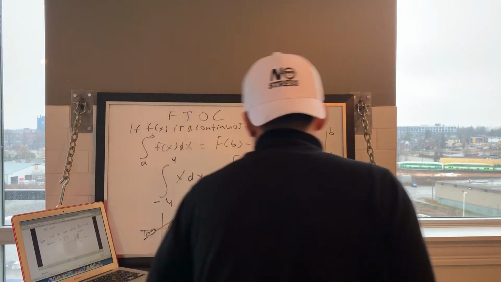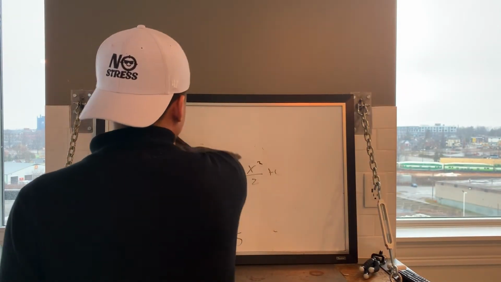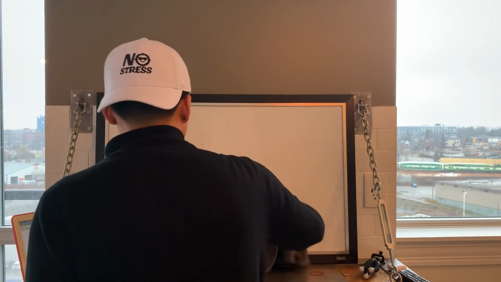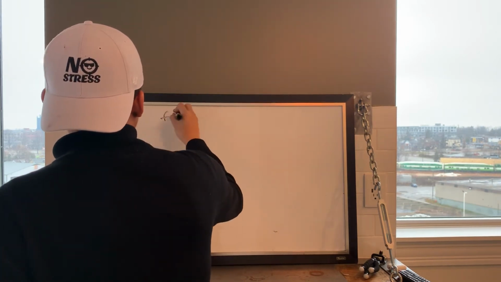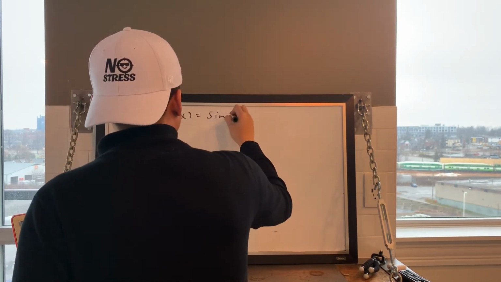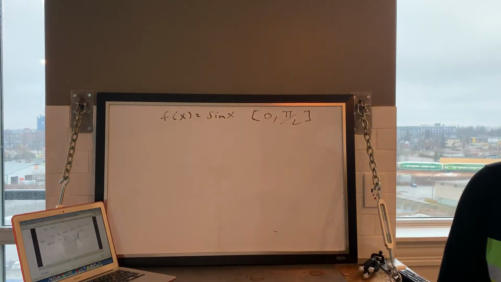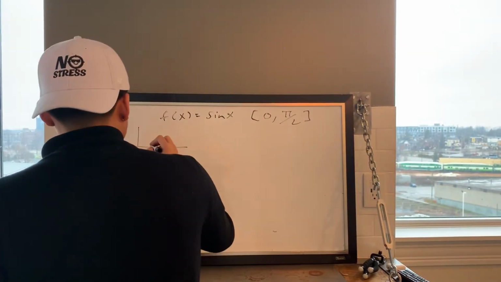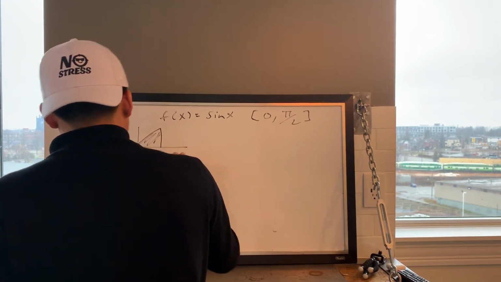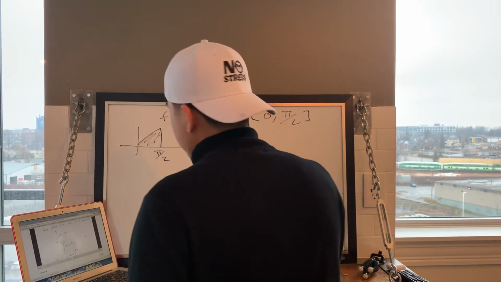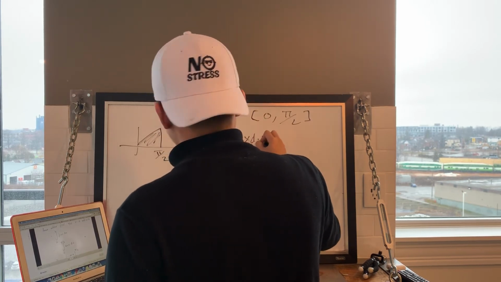So what if we had a sine curve, right? What if we had f of x equals sine of x? What if we had that? And then it's 0 to pi over 2 included. Here's a sketch, right? That's a curve, by the way. What would happen? Well, I would just do the integral, 0 to pi over 2 of sine of x dx.